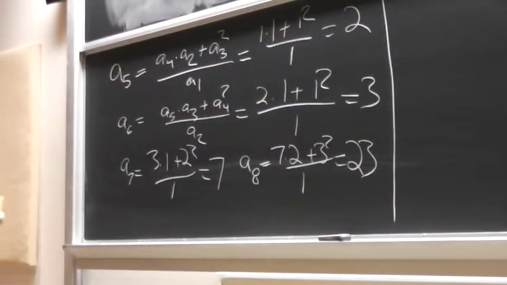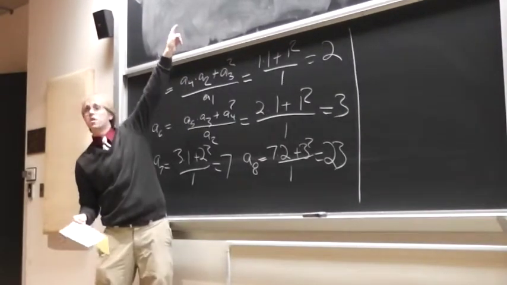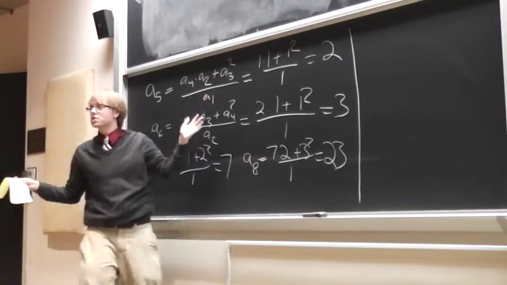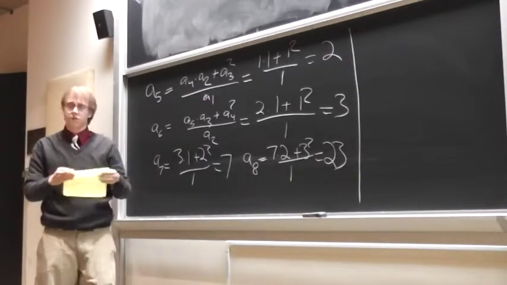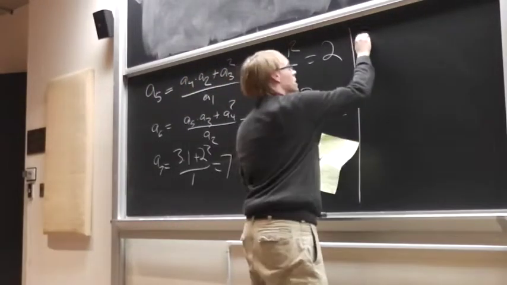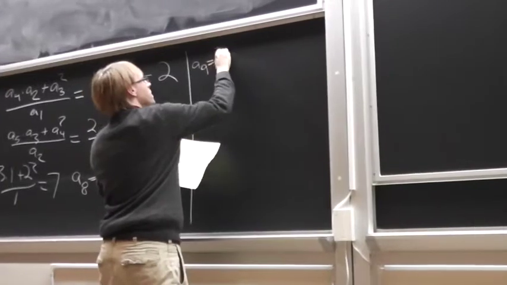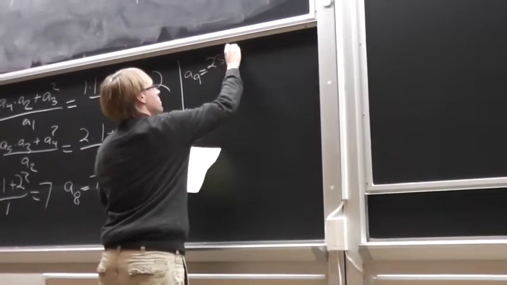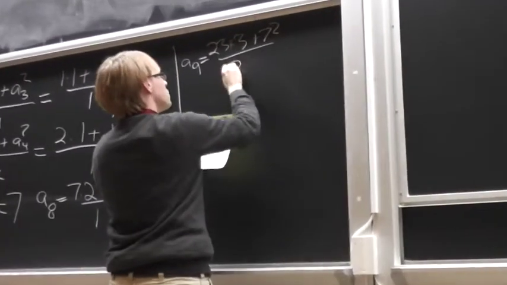So far so good. The first 4 terms always have one of those initial ones dividing, so there's no surprise in anything we've gotten so far. But the first surprising one is a sub 9, which is 23 times 3 plus 7 squared all over 2.